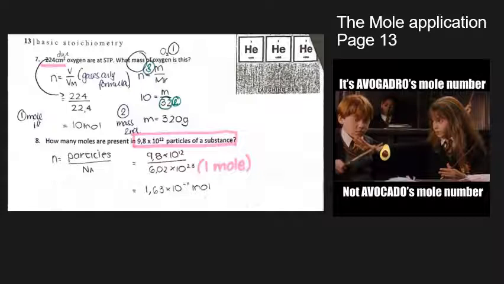So we go back to our formulas when it comes to particles and atoms and molecules. Those extra little particle formulas that we gave you. All you're going to do here, literally all you're going to do, is divide that value by 1 mole, which is our magic number. And then after that, you should get your answer.